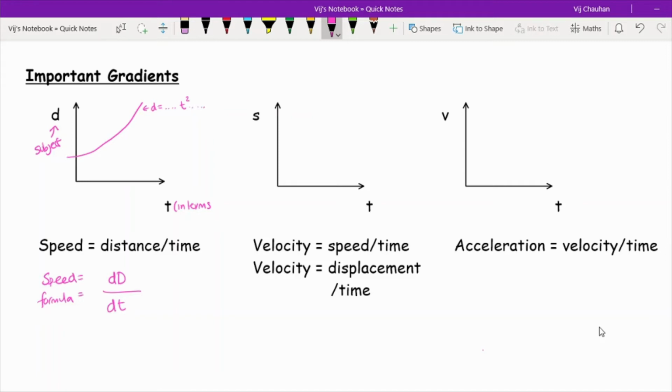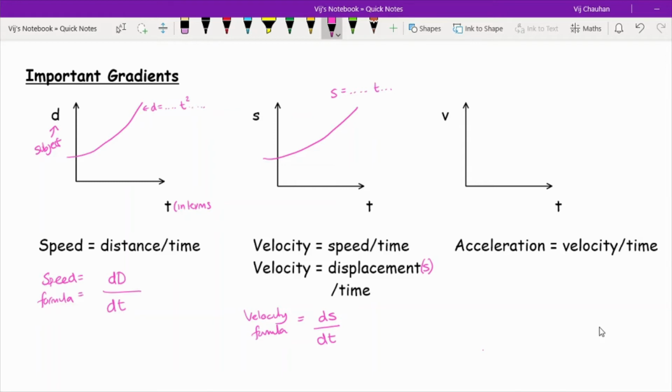Likewise, if I had velocity, my formula would be s equals something in t, and then the velocity formula would be ds over dt, because in most cases displacement is represented with the letter s, but again, look at the interpretation of what is written in the question.